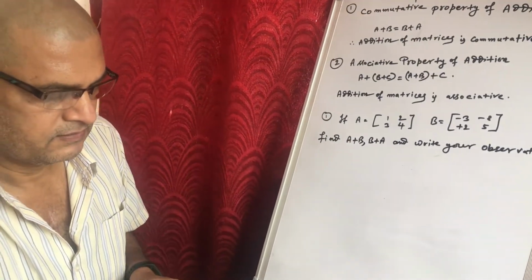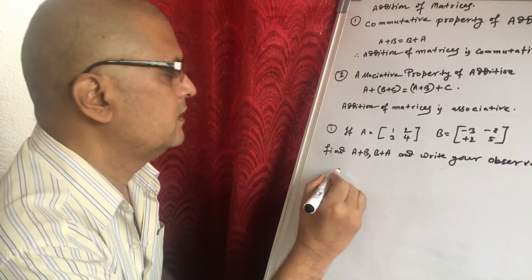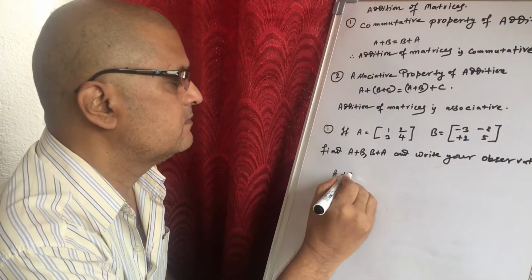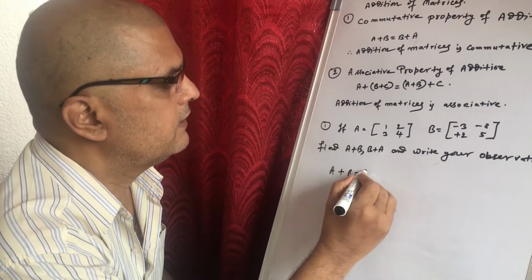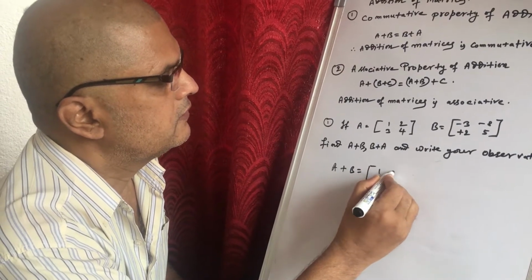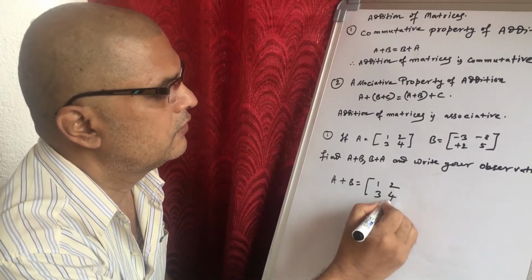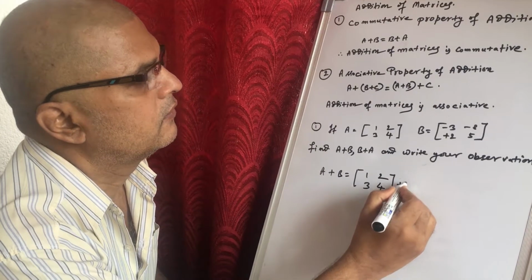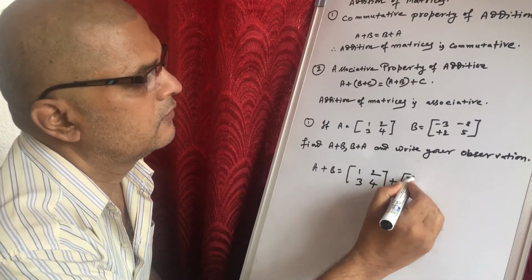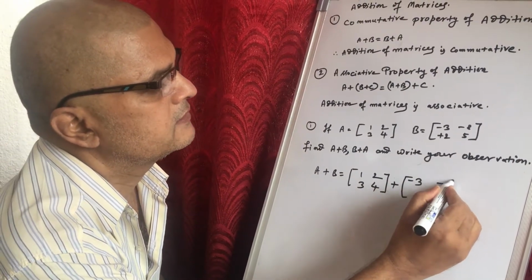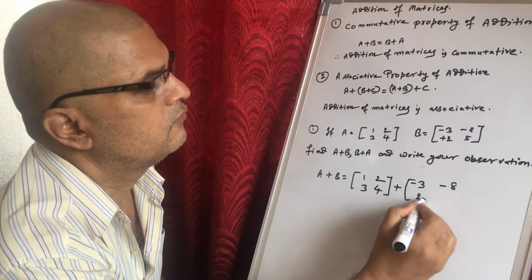Now see, A plus B is equal to 1, 2, 3, 4 plus minus 3, minus 8, 2, 5.